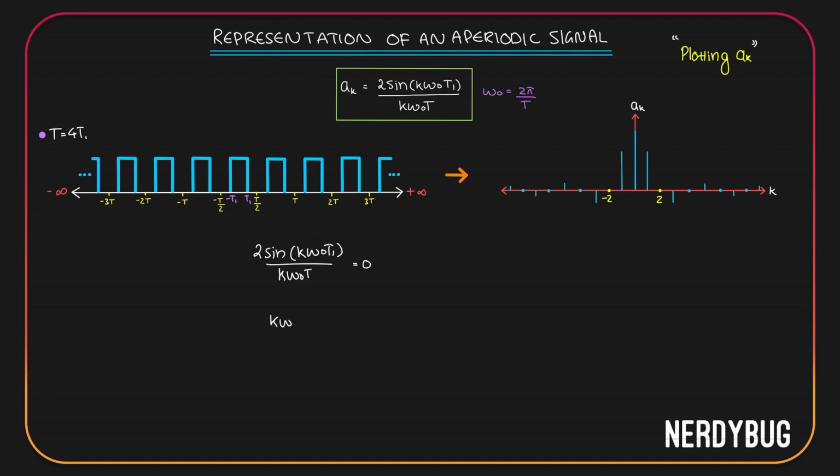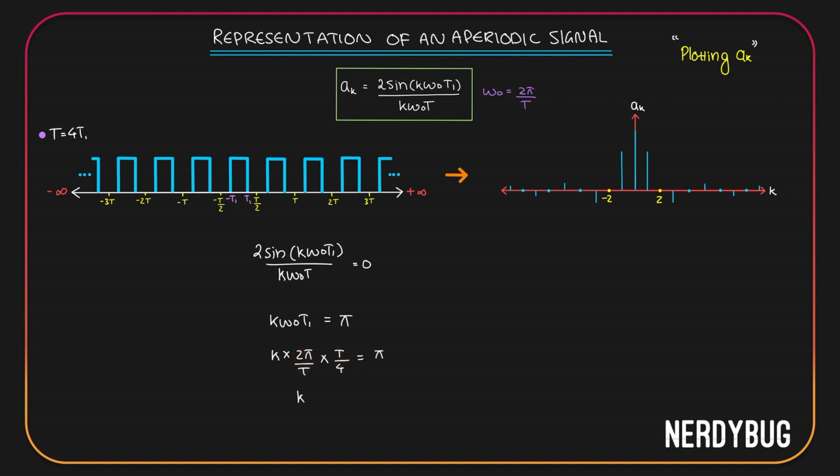That is k omega naught t1, which is the argument of the sine function, should be equal to pi. k multiplied by omega naught, which is 2 pi by time period, multiplied by t1, in this case is T by 4. This should be equal to pi. Pi and pi get cancelled. T and T get cancelled. We have 2 and 4.